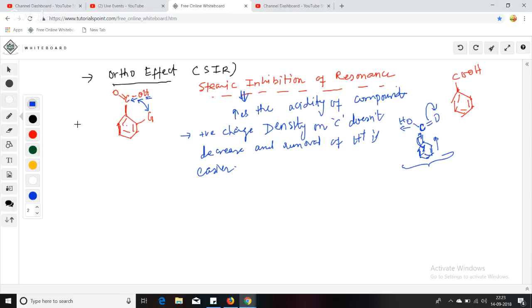Okay, so basically in one simple line, whenever you have an ortho substituted benzoic acid, then it is always more acidic than the meta or para substituted.